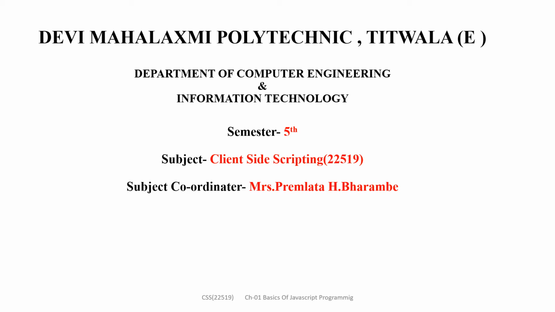So we are studying the first chapter of CSS. In the previous videos, you have learned about the for loop, the loop statements in JavaScript. Now we will see the next loop statements.